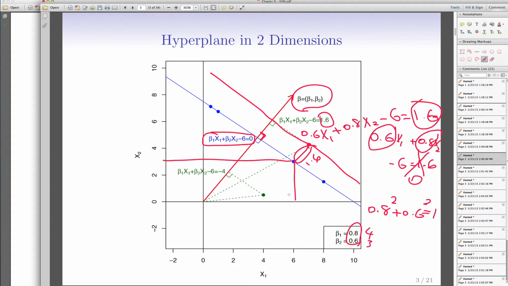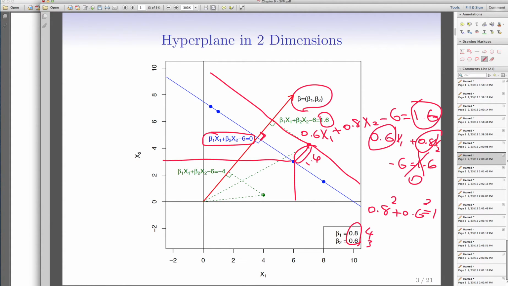Any point you have underneath this line can be defined as the same thing equal to a negative value. In other words, any point which is on the top left of this blue line will have this positive distance. Any point that is not on this line will have a negative distance from it.